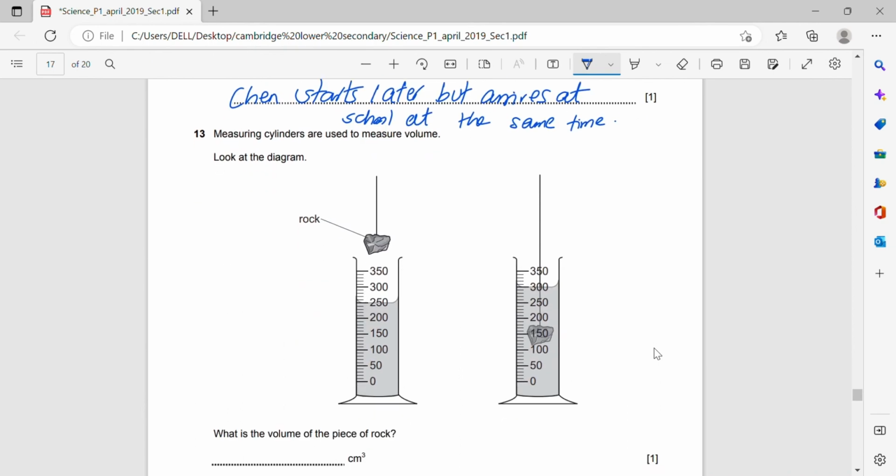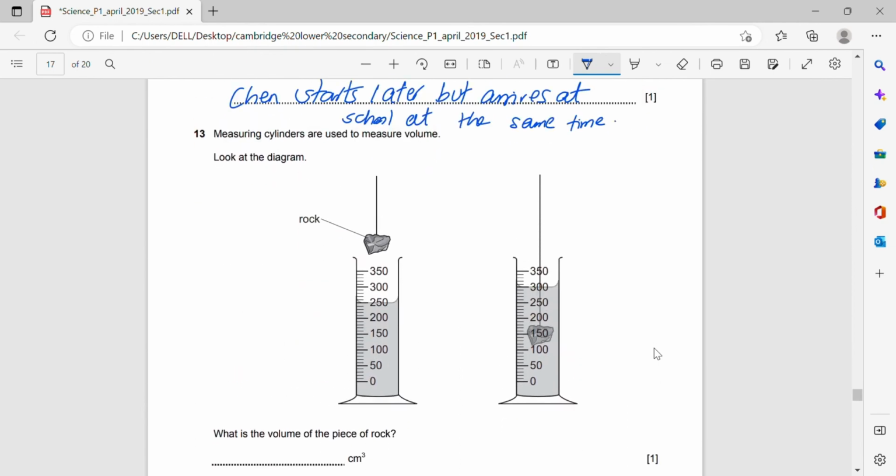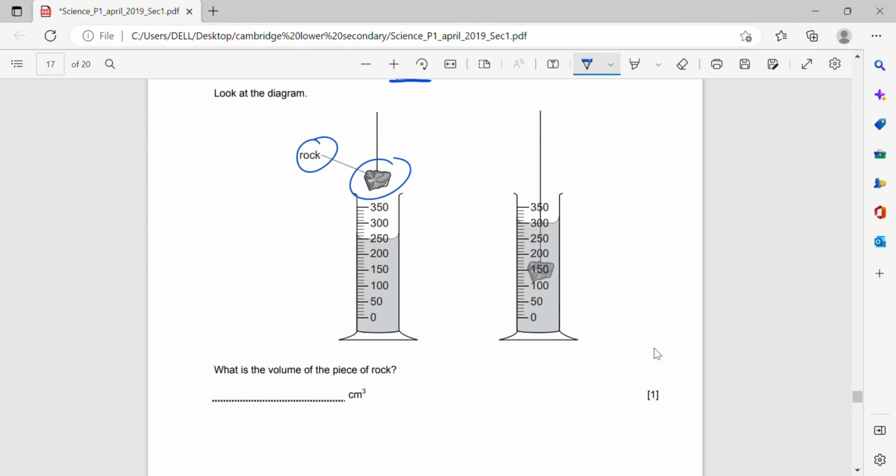Okay. Next question, 13. Measuring cylinders are used to measure volume. Remember how to measure the volume of an irregular shape, like this rock. Look at the diagram. What's the volume of the piece of rock?